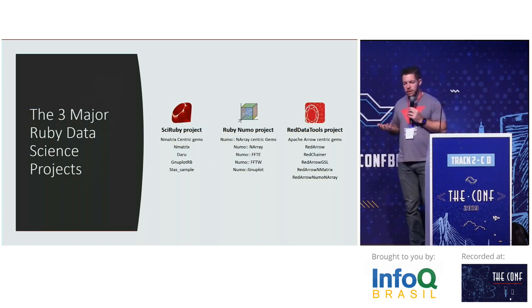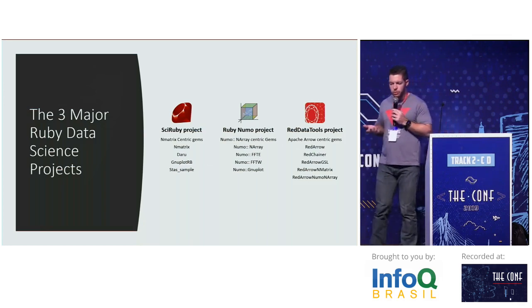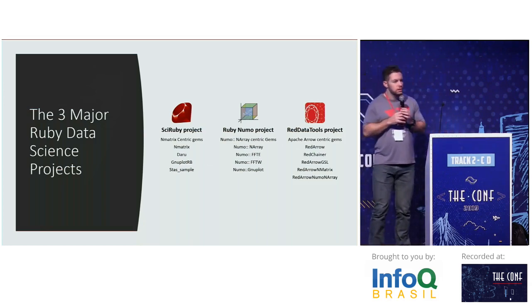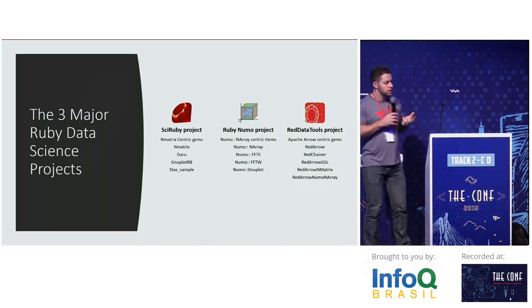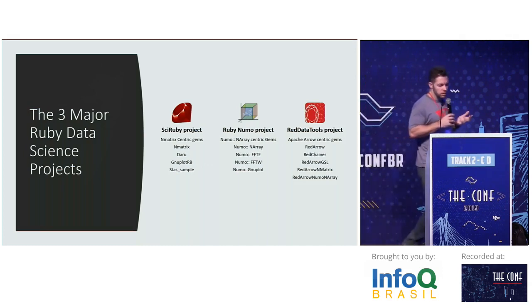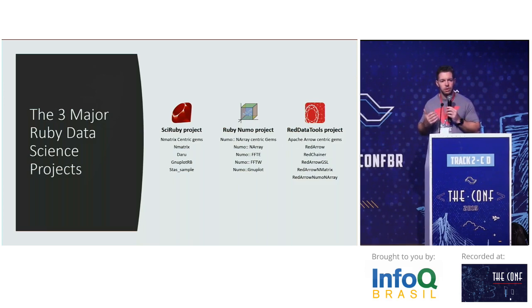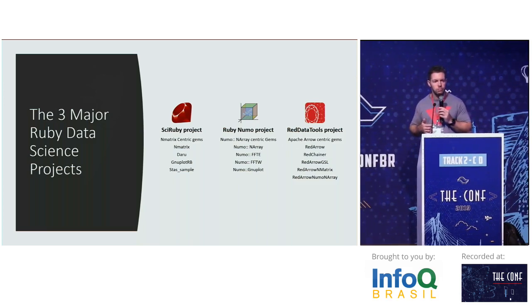And let's not forget about Red Data Tools, that has a really great idea that's basing the implementation and the data model in Apache Arrow. That will be the data bus for the next version of Daru and the next version of Pandas.